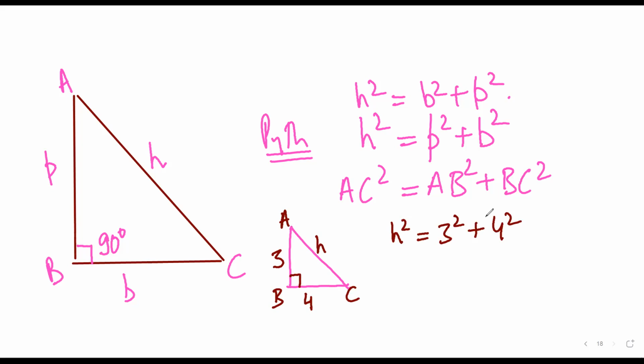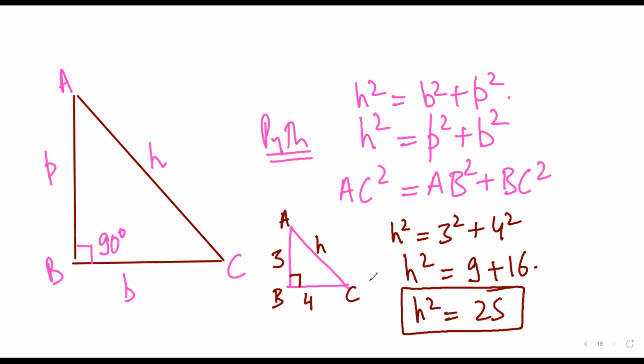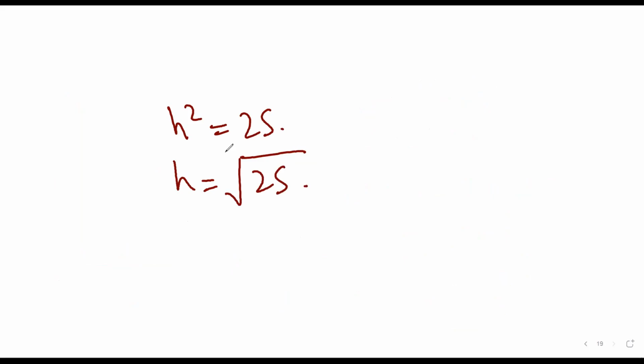So H square would be equal to 9 plus 16. H square would be equal to 25. Now, H square is 25. And as per our previous lecture, H would be equal to root 25.